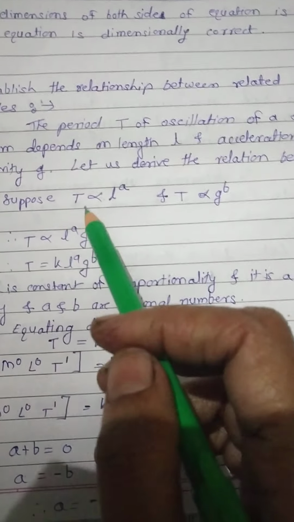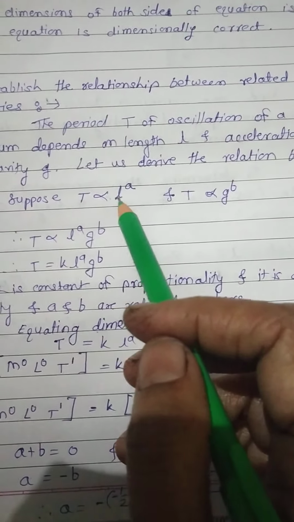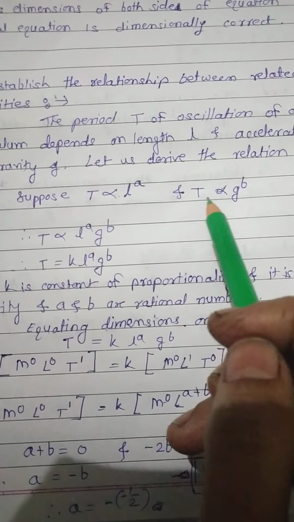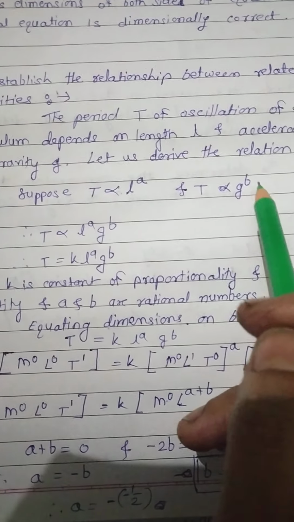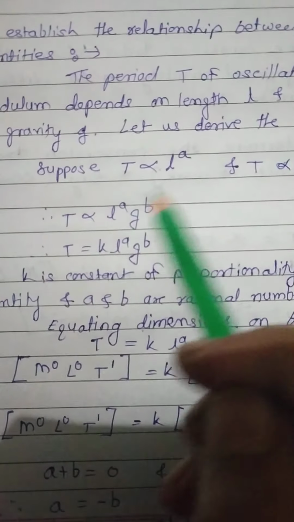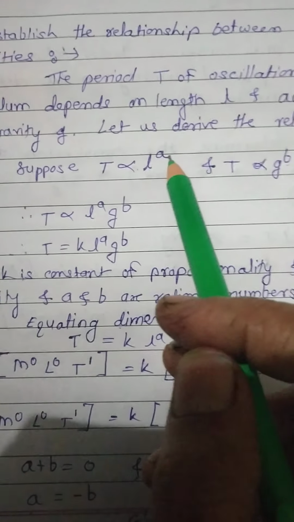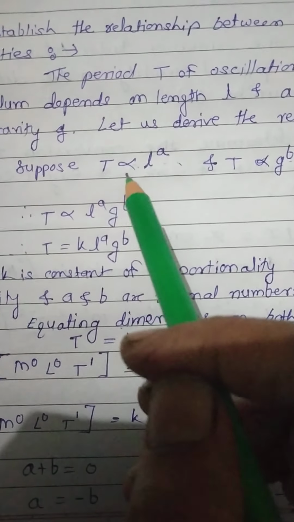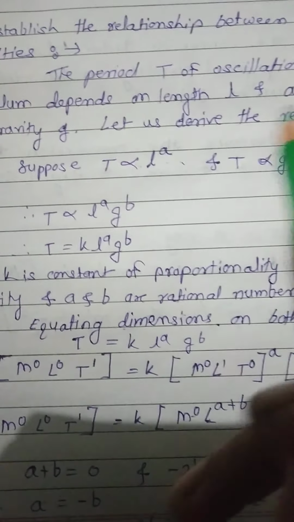Suppose T is directly proportional to L to the power a, and T is directly proportional to g to the power b. Here we first find the values of the powers a and b, and then find the relation between T, L and g.